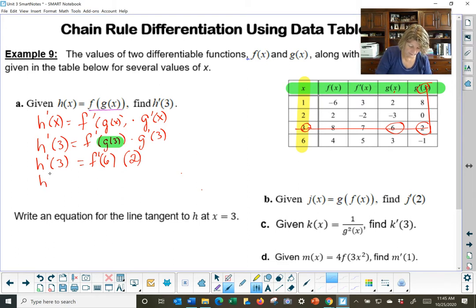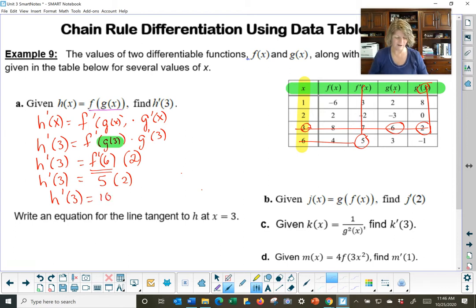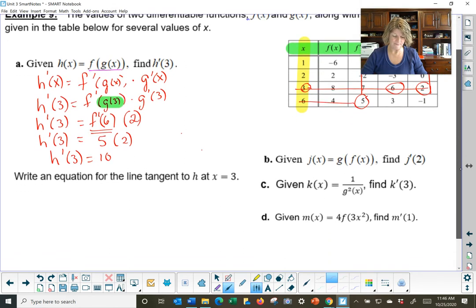Now my next line is going to be looking for f prime. What is f prime of 6? Well, f prime of 6 turns out to be 5, multiplied by 2 gets me an answer of 10. Aren't those fun? I like them. Anything that you didn't understand there?